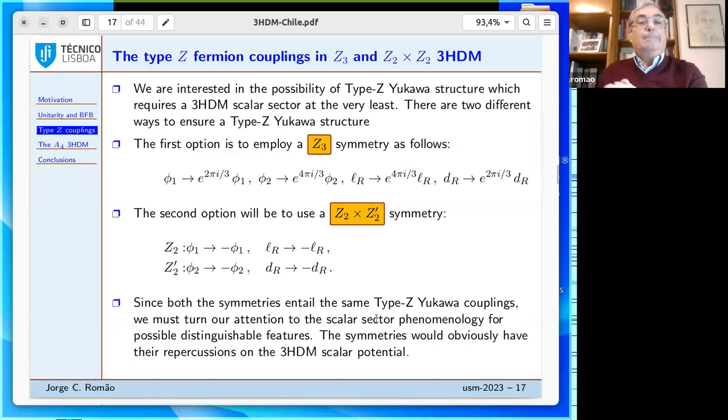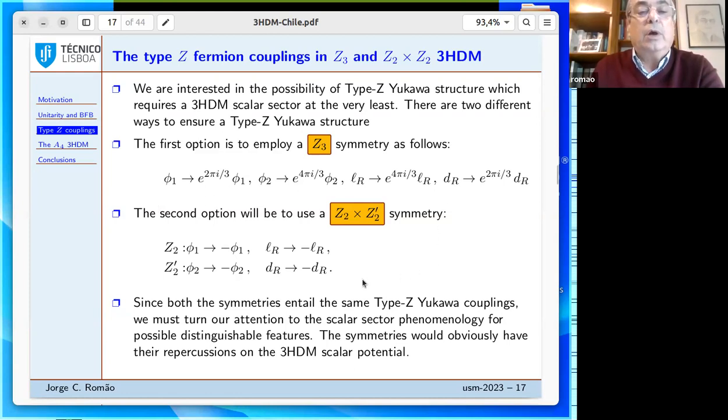Now, this is for these theoretical constraints. Now, let's come to the type Z coupling. We are interested in the possibility of this type Z Yukawa structure that requires a 3HDM. And there are at least two different ways to ensure this structure. One employs Z3 symmetry, and the other Z2 cross Z2 symmetry. And this is the way the symmetry is implemented.